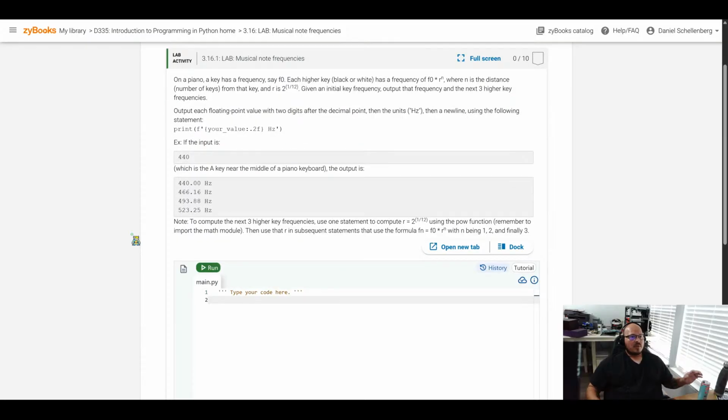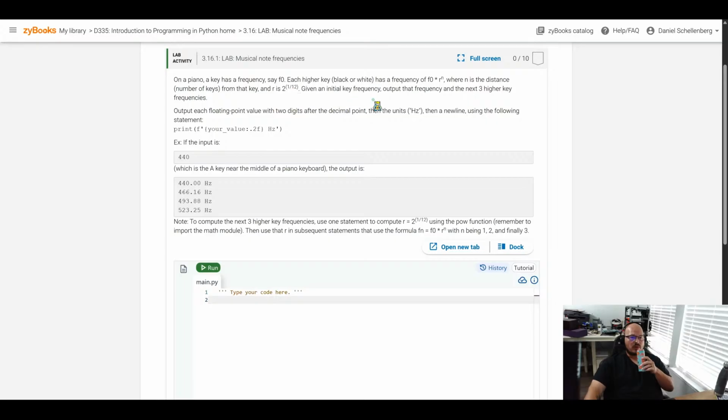On a piano, a key has a frequency, say F0. Each higher key, black or white, has a frequency of F0 times R to the power of n, where n is the distance, the number of keys from that key, and R is 2 to the power of 1 divided by 12.